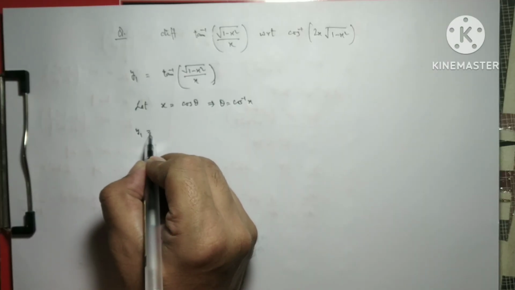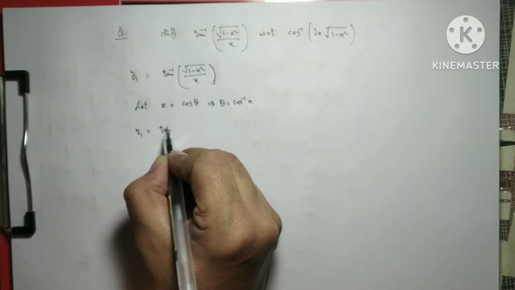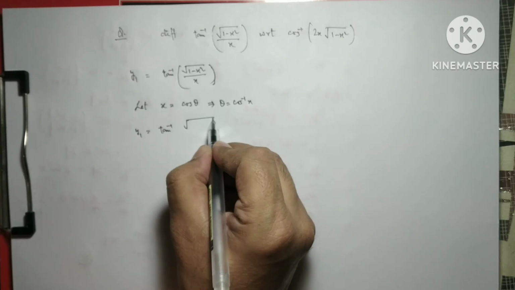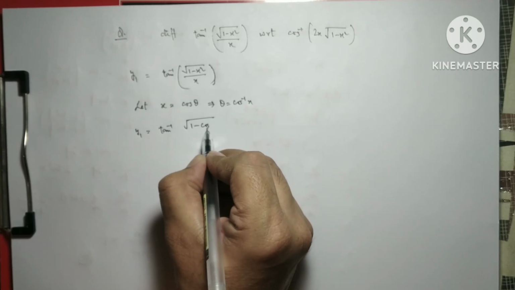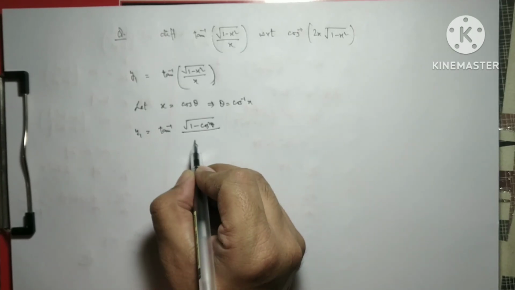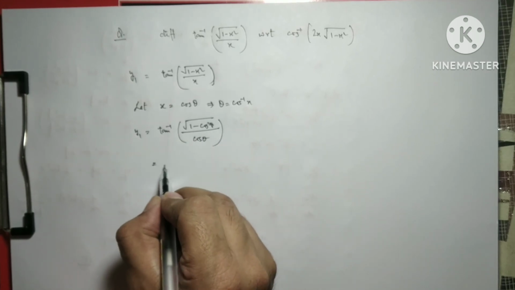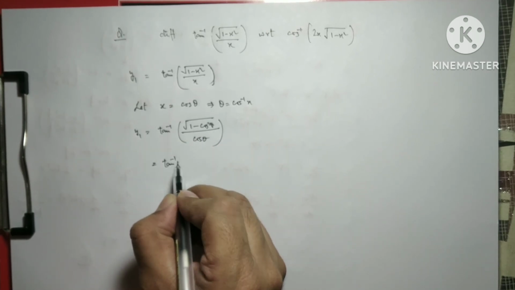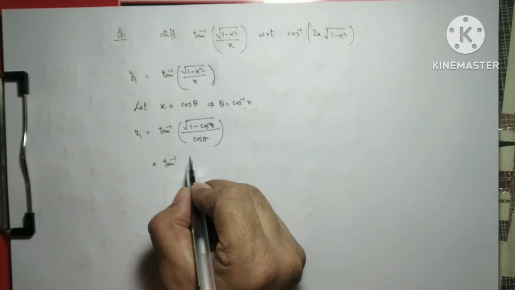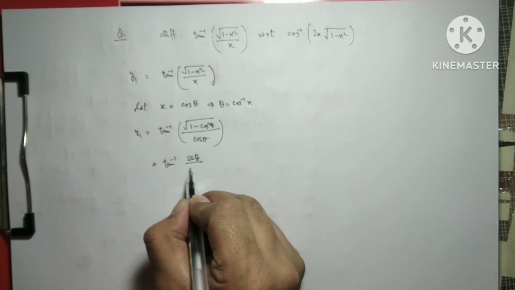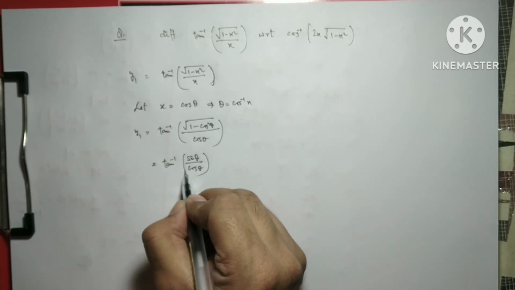So y1 is tan inverse under root 1 minus cos square theta over cos theta. So it is tan inverse, this becomes sin theta over cos theta, that is tan theta.